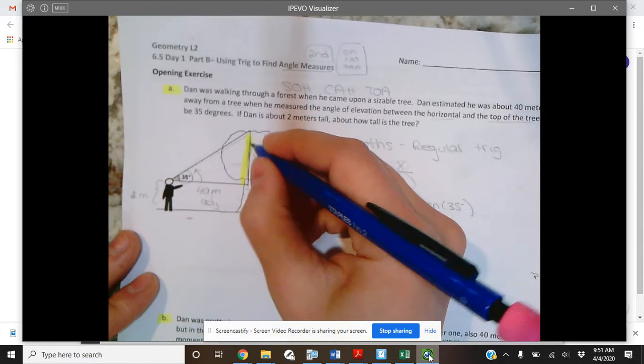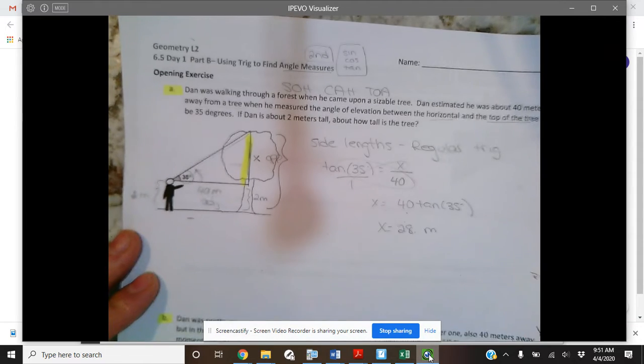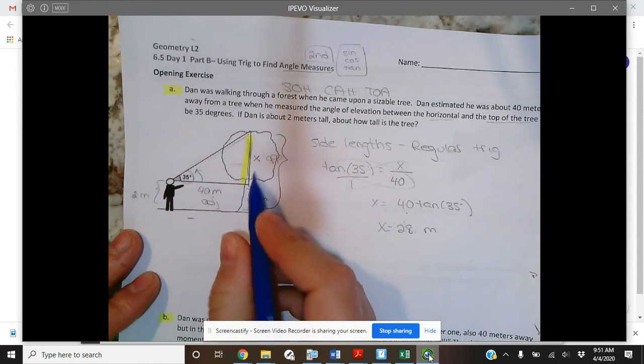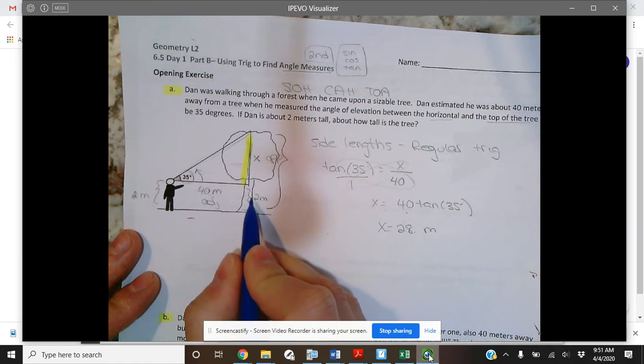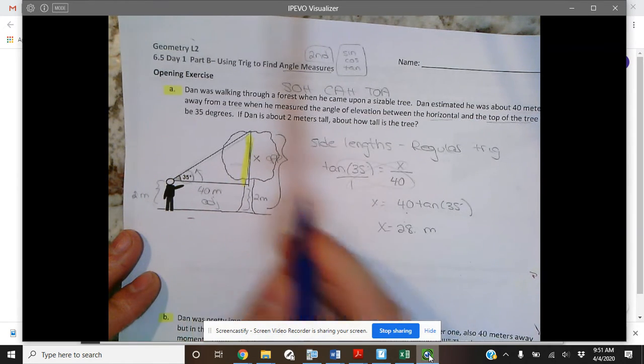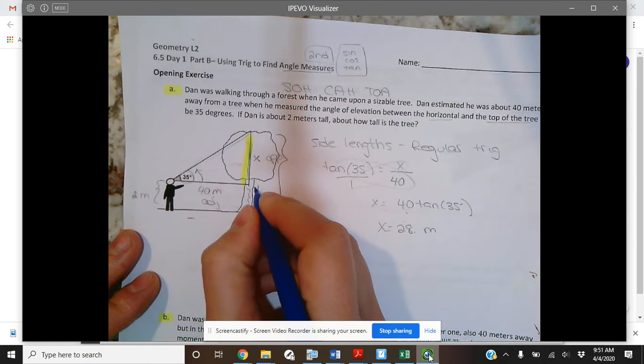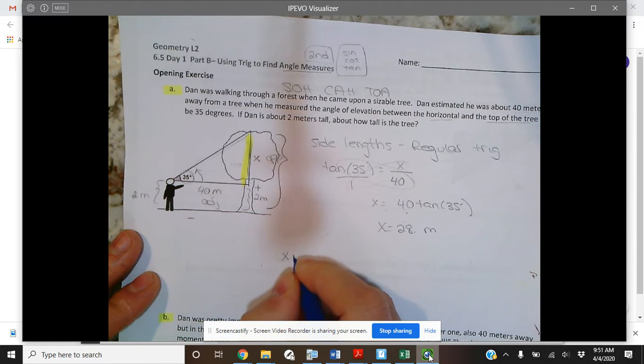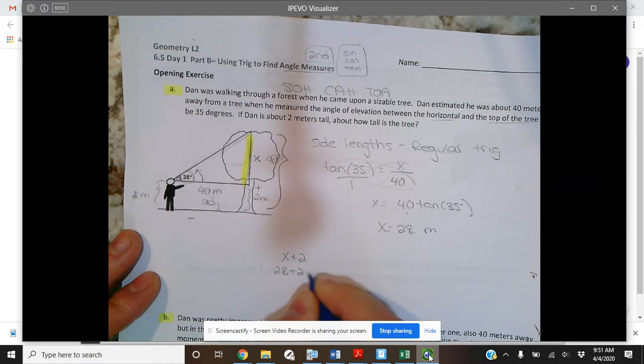But again, that represents the height of the triangle, not the height of the tree. So we have to also tack on that 2 meters. And to do that, you simply add. So you need to add x plus 2, which is 28 plus 2, to get that the tree is approximately 30 meters tall.